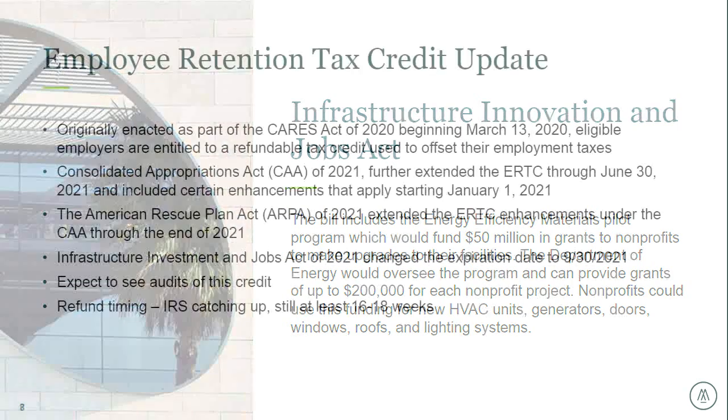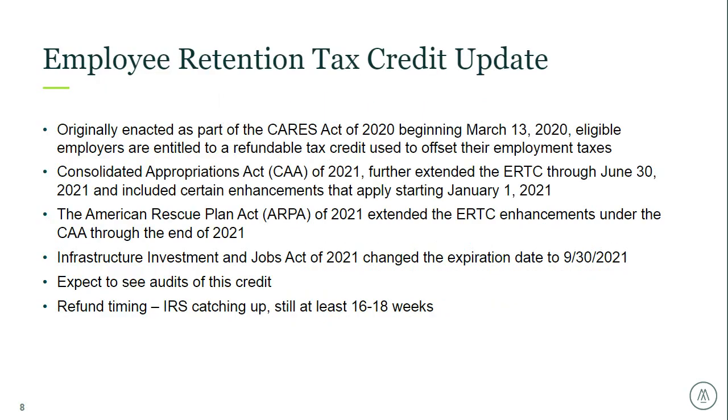One downside, however, from this infrastructure bill is that it discontinued the Employee Retention Tax Credit, otherwise known as the ERTC, which was originally introduced as part of the CARES Act back in March of 2020 and was extended through June of 2021. And then the American Rescue Plan Act extended it through December of 2021.